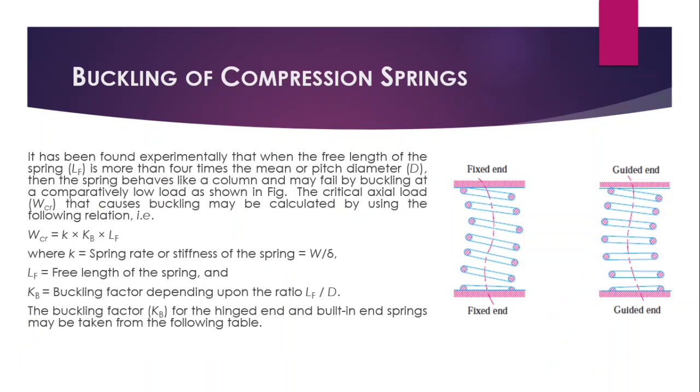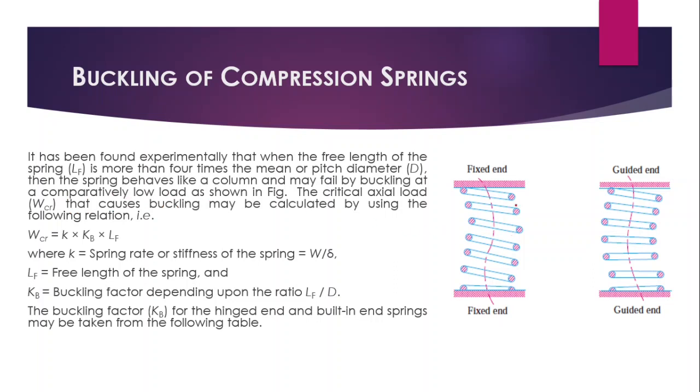Then last, the buckling of compression springs. It may be found experimentally that when the free length of the spring, LF, is more than 4 times the mean or pitch diameter, capital D, then the spring behaves like a column and may fail by buckling at a comparatively low load, as shown in the figure.